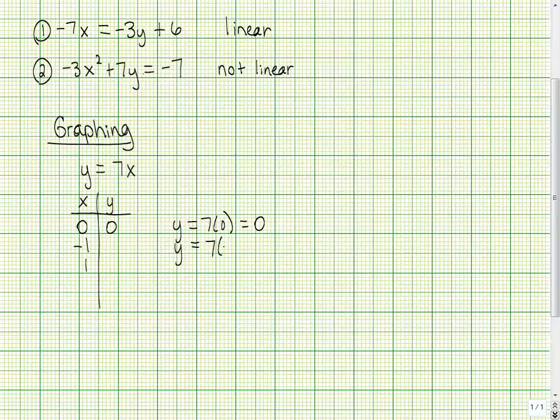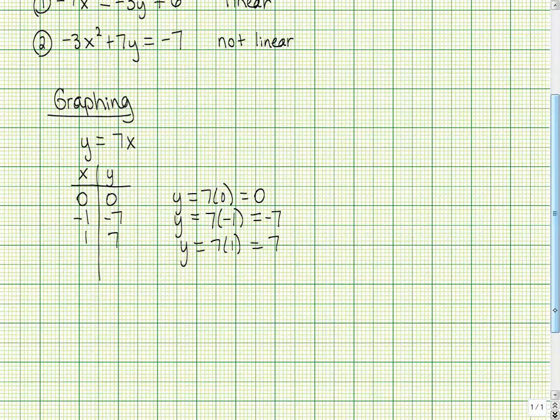If you put in negative 1, that is y equals 7 times negative 1, which is negative 7. So when x is negative 1, y is negative 7. And then if you put your 1 in, you have y equals 7 times 1, which is 7. Now all of these are ordered pairs.